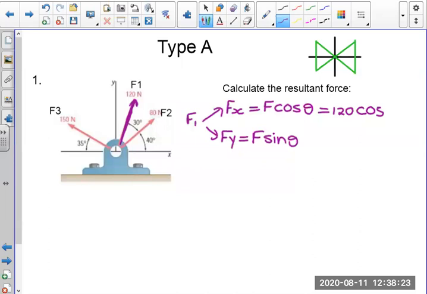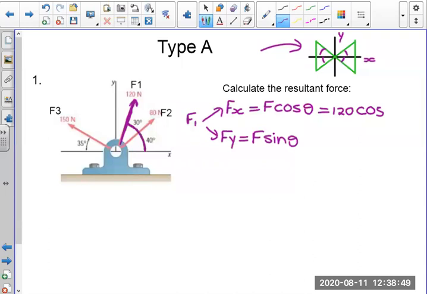If you have an X and a Y axis, you can see it there, that's the Y and the X axis. The angle that you put in there must be one of the bow tie angles. So the angle that it makes with the x-axis here is the angle that I have to put in when I'm going to work out the x and the y component of each one.